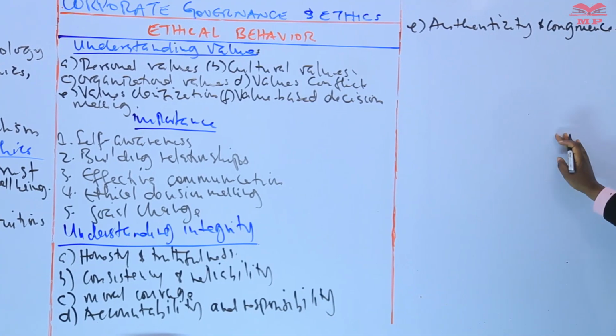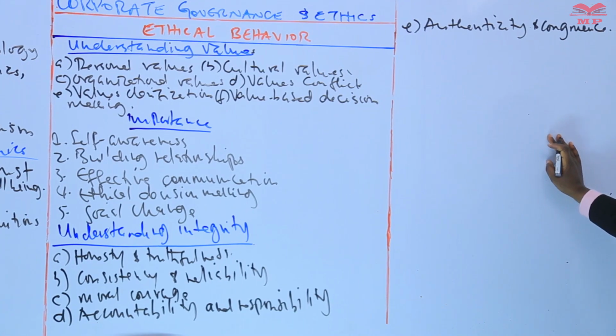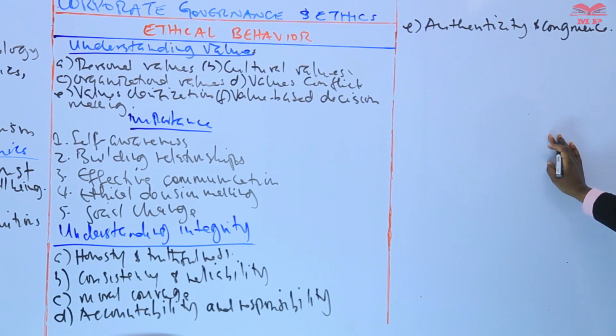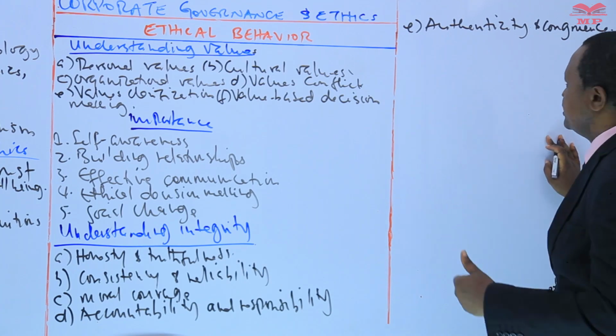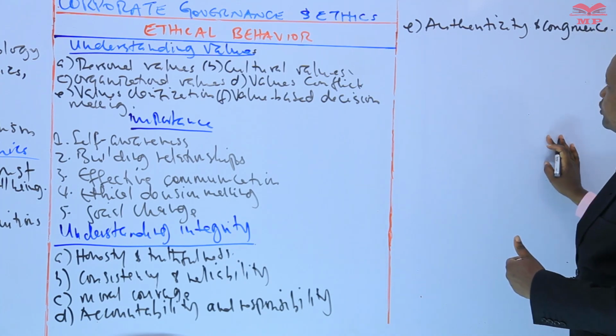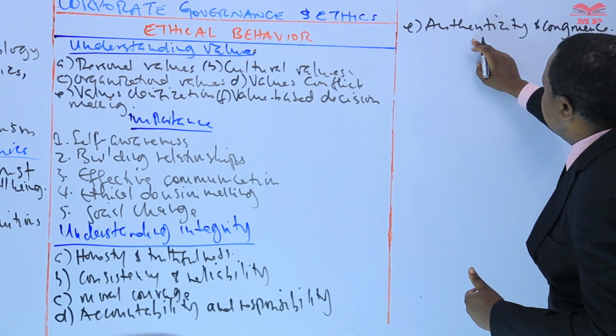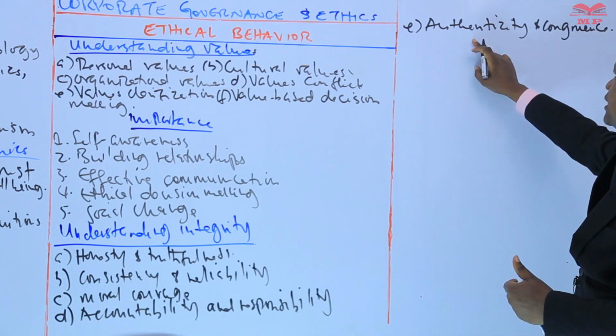Authenticity and congruence. Integrity involves being true to oneself and one's values rather than trying to be someone you are not. And that means aligning your actions with your beliefs and values, and avoiding hypocrisy or avoiding double standards. To be authentic is to be genuine.